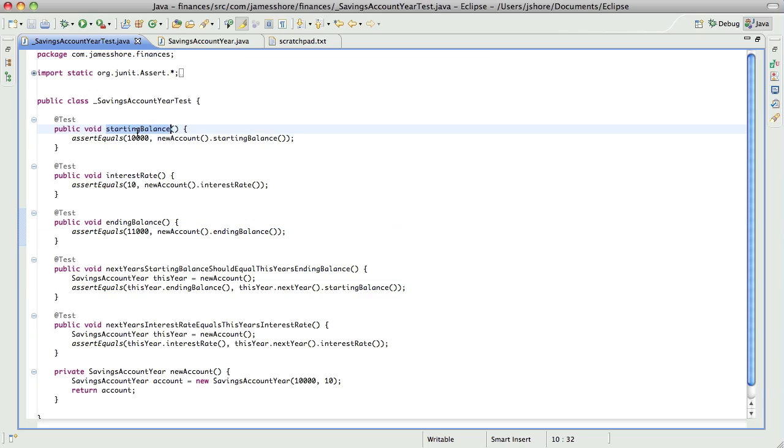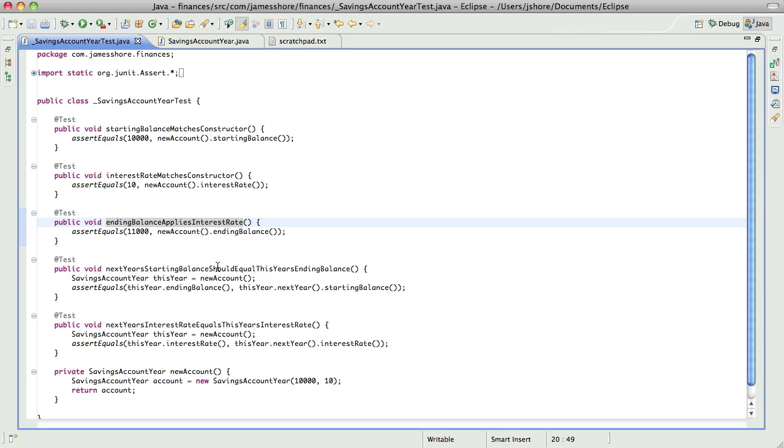I could be more descriptive in my names here, but I don't think I need to just yet. Maybe here I'll say, we'll just say matches constructor, and matches constructor and here applies interest rate.